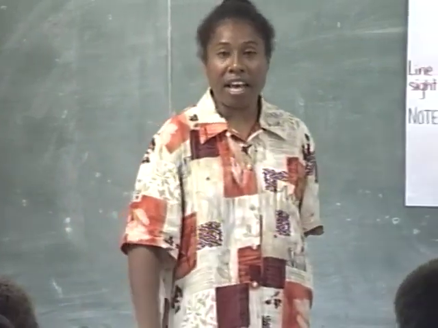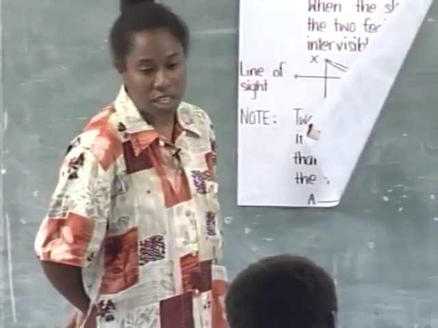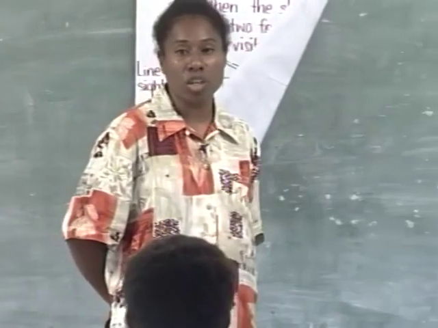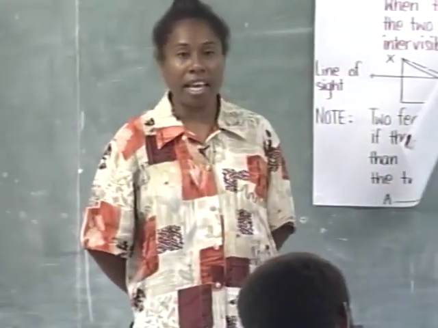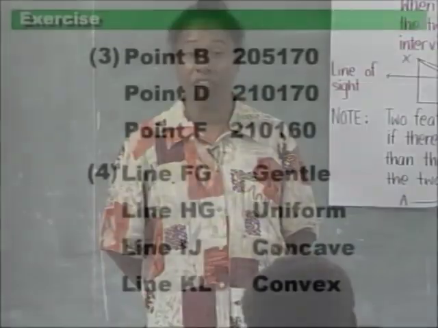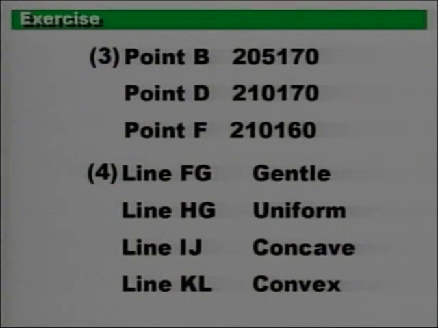And finally, the line F to G, check, is supposed to be a gentle slope. The line H to G is uniform. The contour lines are of the same distance apart. The line I to J is concave. And for a concave, that means a slope that goes in as you get to the top of the feature or the bottom of the feature?